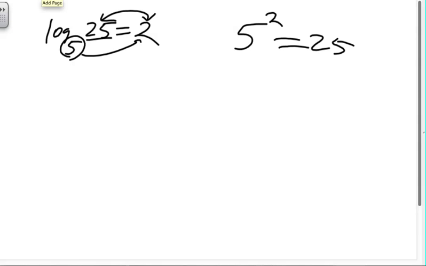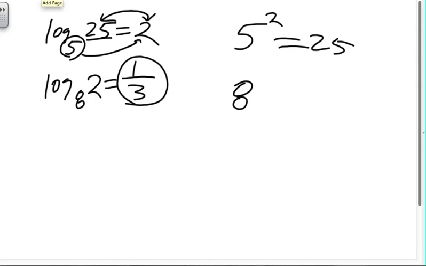Okay, let's work another example of this. Let's do log base 8 of 2 equals 1/3. And I want to write this in exponential form. So again, you pick out your base first. My base is 8.